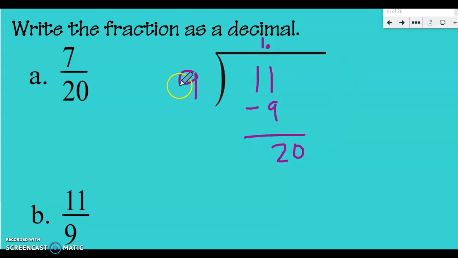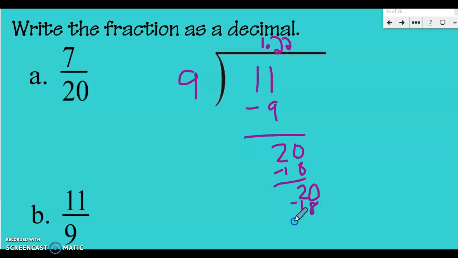So how many times does 9 go into 20? Two times. So minus 18. So you have 2 left over. We added that decimal to help out 9, so we're going to add another 0 because 9 doesn't go into 2, but it does go into 20. 2 times, that's 18.